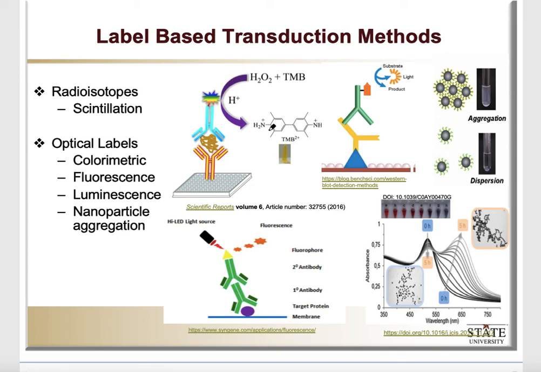That reaction actually leads to the formation of a blue product, and that blue product is then reacted with sulfuric acid to give you this stable yellow solution that you can then detect using absorption spectroscopy. So colorimetric methods would be detected utilizing absorption spectroscopy.